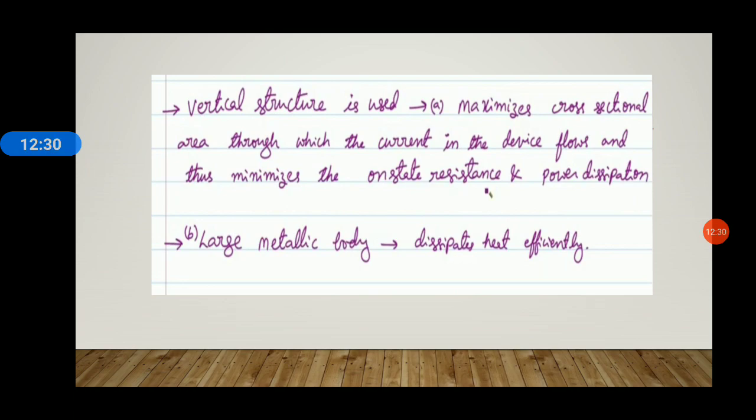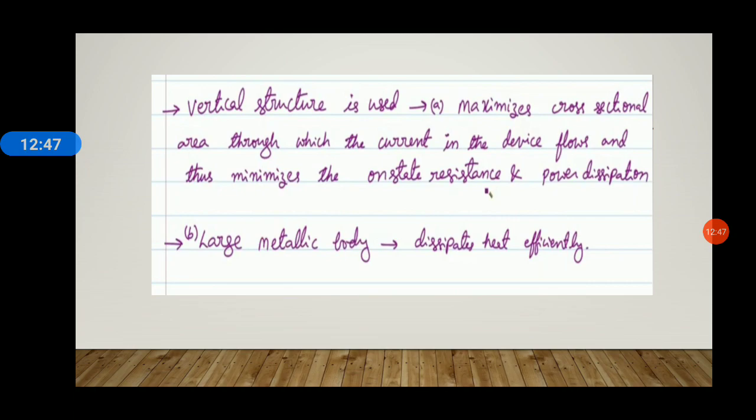That is, it maximizes the cross-sectional area through which the current in the device flows and also minimizes the on-state resistance, which minimizes the power dissipation.